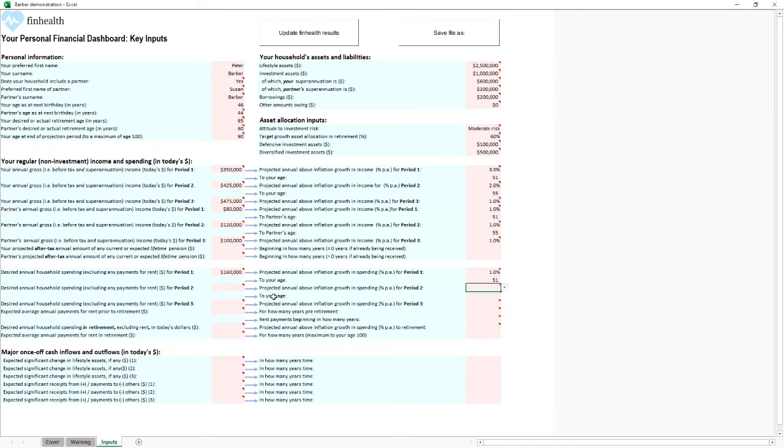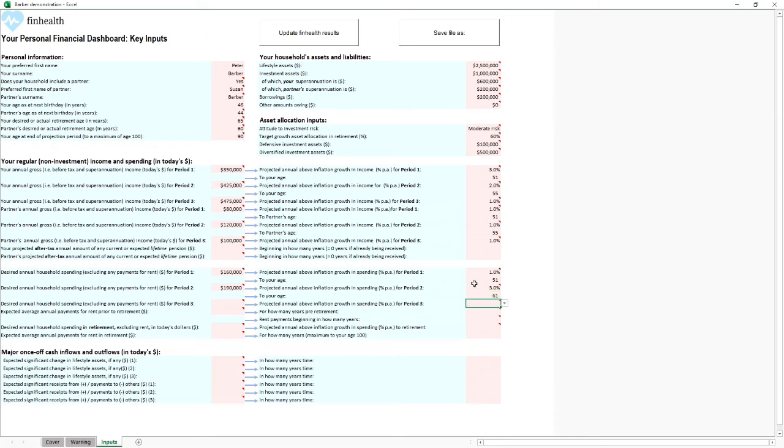However, for the next period, they expect a significant jump in spending to $190,000 a year, growing at 3% per annum, above inflation that is, to Pete's age 61. So 10 years of quite high growth.